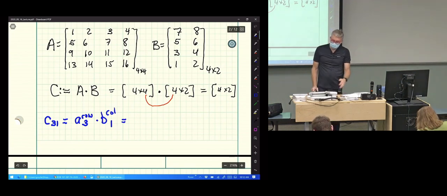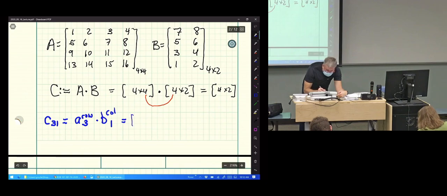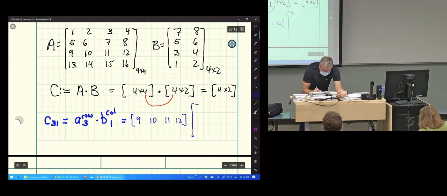Okay, so in the beginning, it doesn't hurt to remind yourself which row and which column. Okay, so that's 9, 10, 11, 12. And we got the first column, 7, 5, 3, 1.